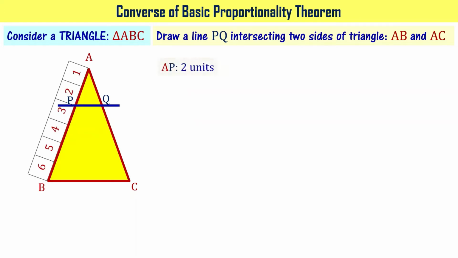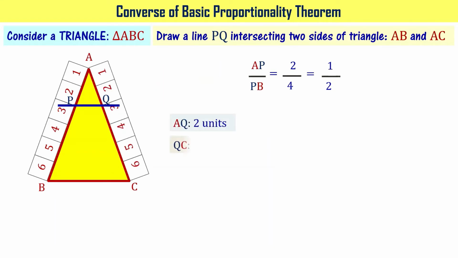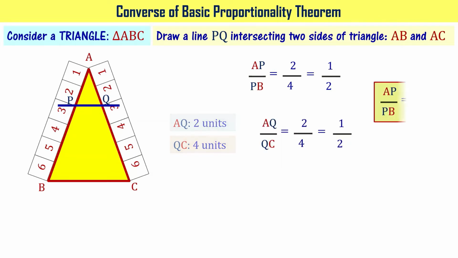The length of line segment AP is 2 units and PB is 4 units, so their ratio is half, right? Similarly, the length of line segment AQ is 2 units and QC is 4 units. Their ratio is also equal to half. It means I can write AP by PB equal to AQ by QC, right?